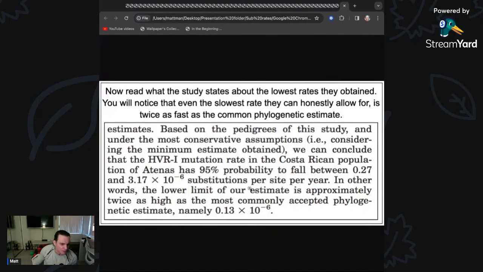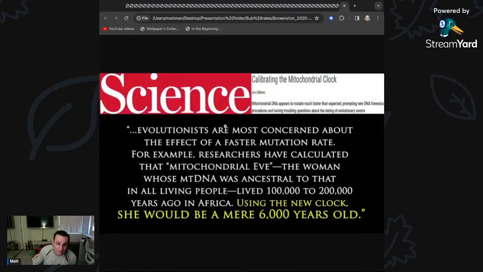Oh, look at that fast substitution rate there. In other words, the lower limit of our estimate is approximately twice as high as the most commonly accepted phylogenetic estimate. Isn't that unbelievable? Their slowest rate, they can't even possibly get that close to it.